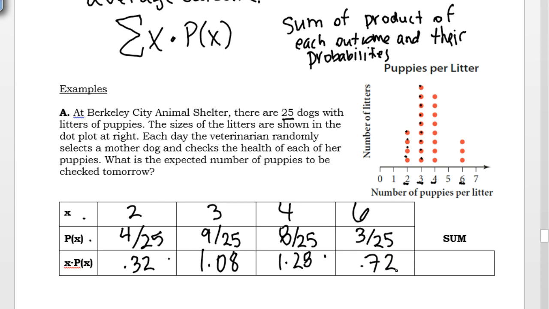Then for my final answer, I need to add the bottom row. And I get 3.4. So the expected value, also known as the average outcome, is 3.4 puppies per litter.